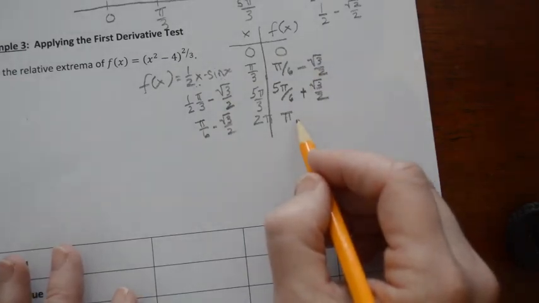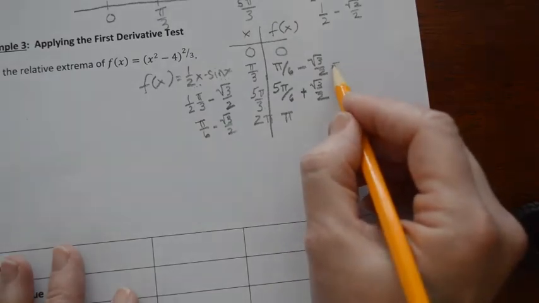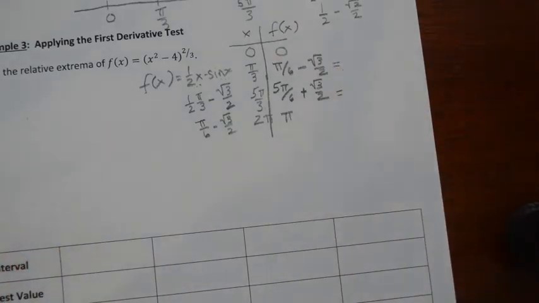Okay, so then we need to find what the values there are. Pull out my handy dandy calculator. So pi over 6 minus root 3 over 2, sorry, I don't have the decimal values. I can just say where it's happening, but actually, yes, I will, since I started.